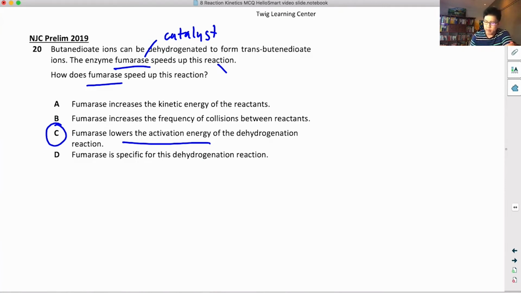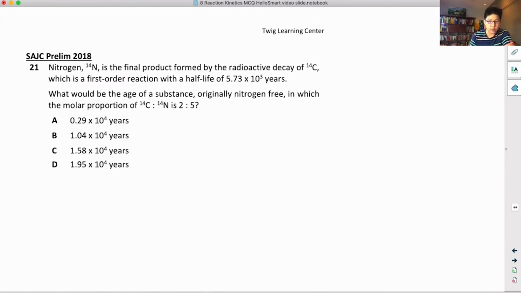Okay, let's look at question 21. Nitrogen is the final product formed by radioactive decay of carbon. So carbon will become nitrogen. Can you see that? What would be the age of the substance, originally nitrogen free, when the ratio in the end became 2:5?